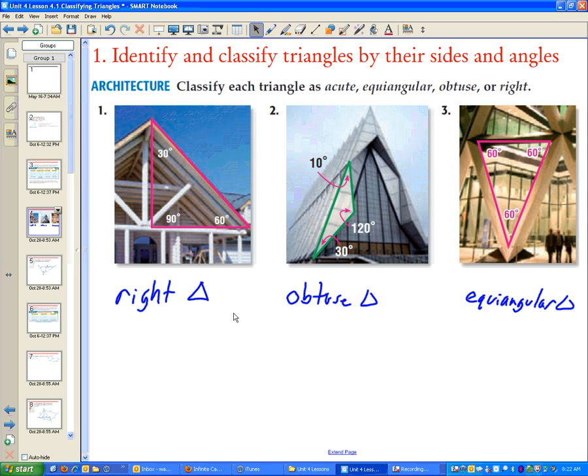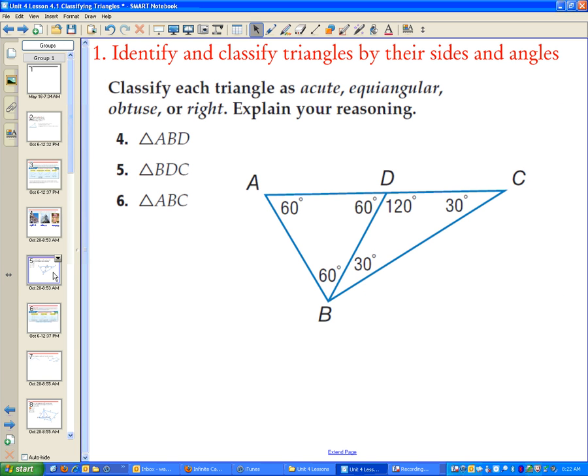All right, good. Now, we can make things a little more complicated by putting more things into our figure. So that's what they're doing here. What you've got to do on these is look at the correct triangle. So number 4, we need to classify triangle ABD. So make sure you're looking at the triangle with vertices A, B, and D. So what's number 4?